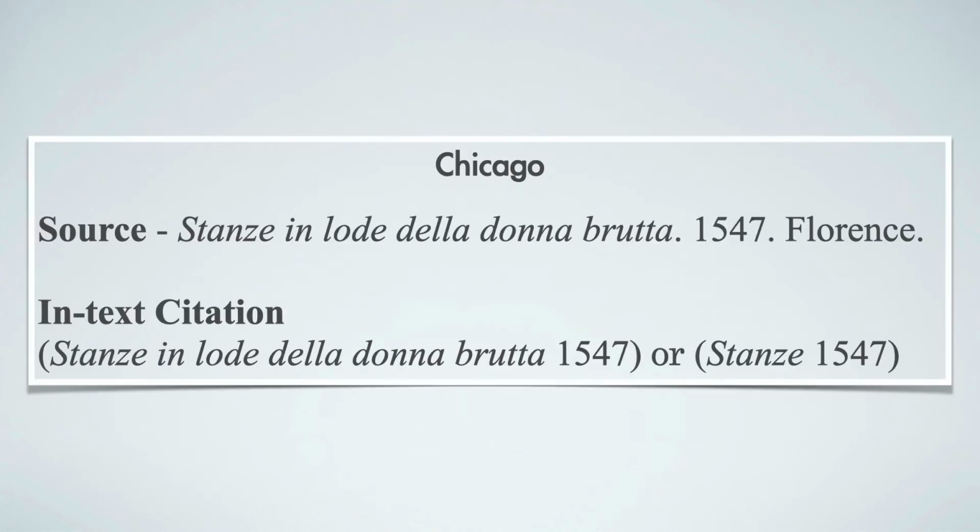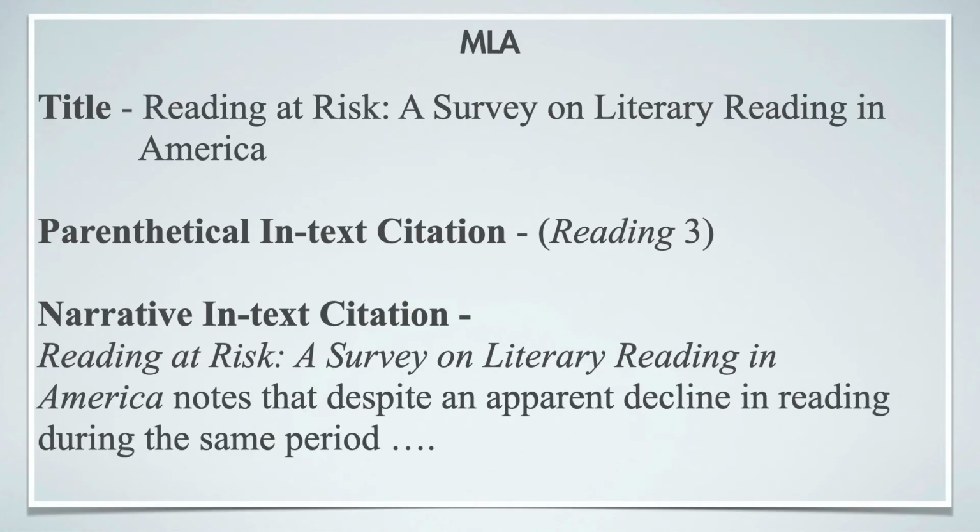In the case of Chicago, we can write the short form of the title without omitting its first word. As per MLA, the abbreviated form of the title can be included in the in-text citation.